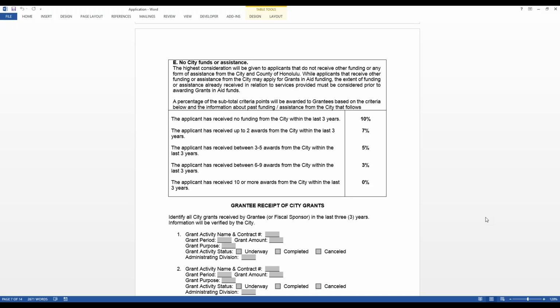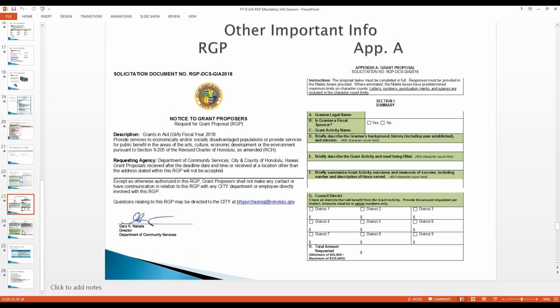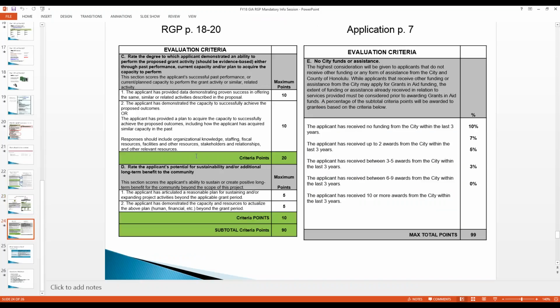For this, I want you to also open pages 18 and 20 of the RGP instructions. And I'm going to turn back to my slides because I have very good slides where I have page 20 of the RGP instructions on the left side, and also page 7 of the application, section E. Now let's see how it works together.